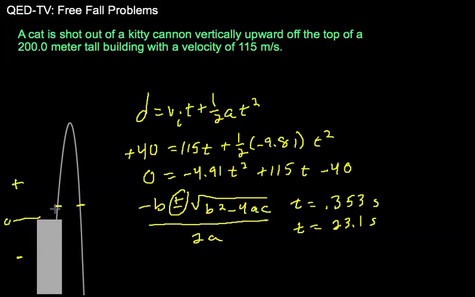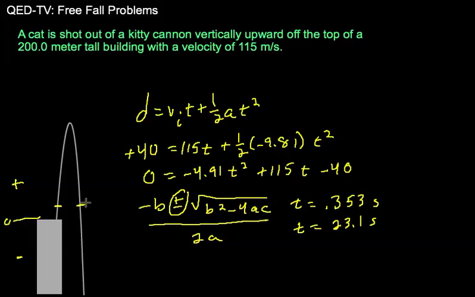That's good, because I needed 2 times. There are 2 times when I am at 40 meters above. You'll see this first time is not very long, only about a third of a second. That's because I'm only 40 meters off of here, and I go up 600 and some meters. So after about a third of a second, I'm already up to 40 meters. But then it goes all the way up, starts coming all the way back down, and at 23.1 seconds after it has shot off of the roof, I would be at this location here.